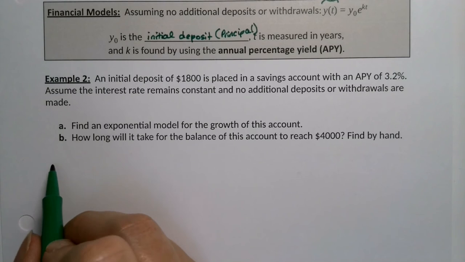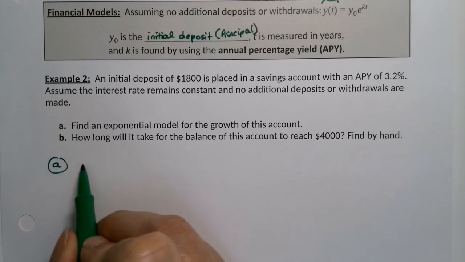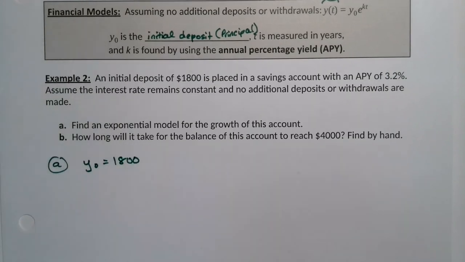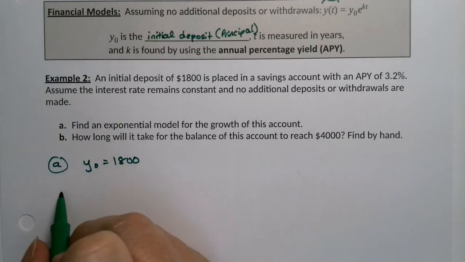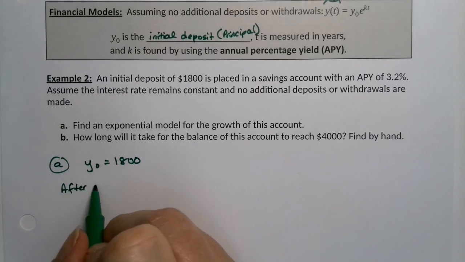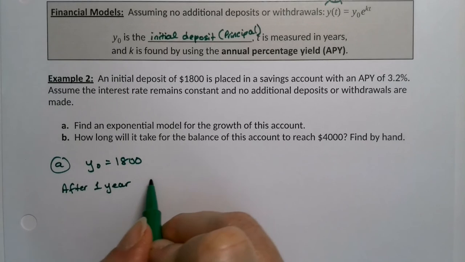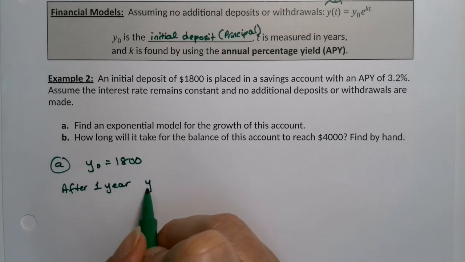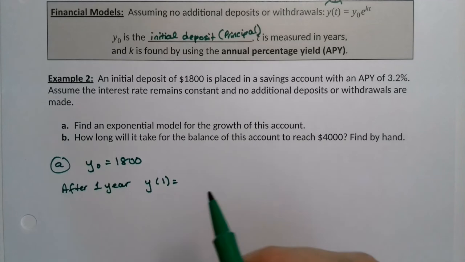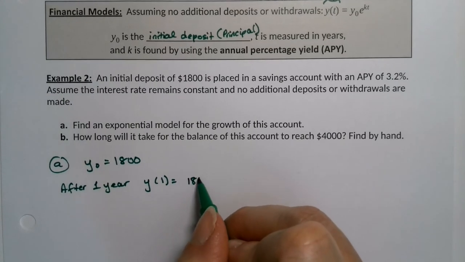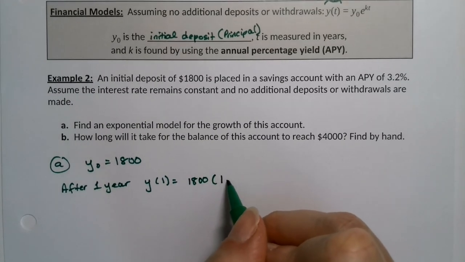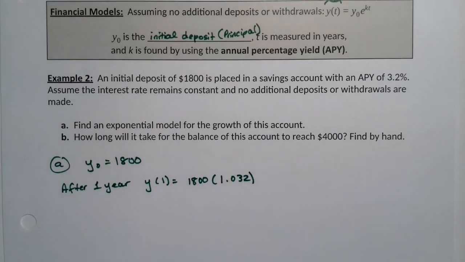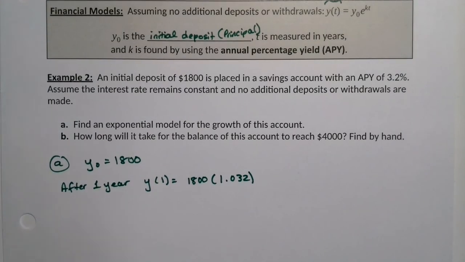All right, so let's start with A. We know that y0 is equal to 1,800. I mean, that was given to us. And then we know that after 1 year, y of 1, the amount in the account, would be 1,800 times 1.032, because of the annual percentage yield.